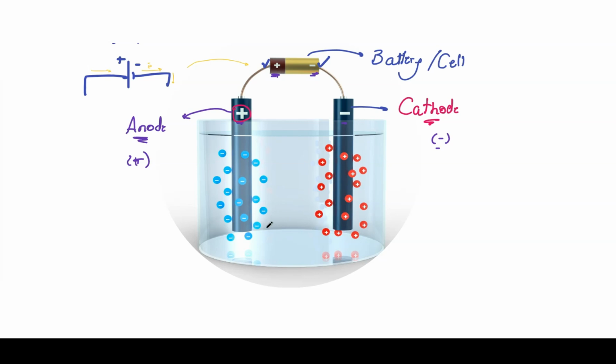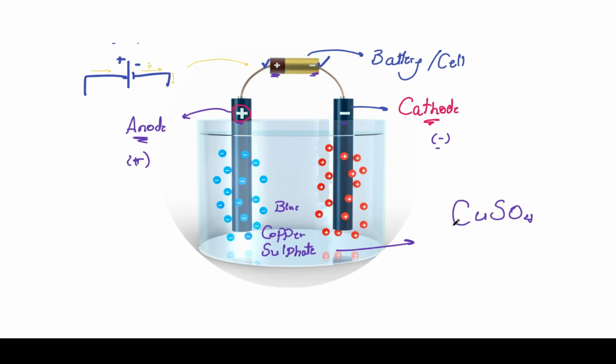Now let's talk about the solution here. As you can see, it has a blue color, and the blue color represents copper sulfate, or we can simply write CuSO4.